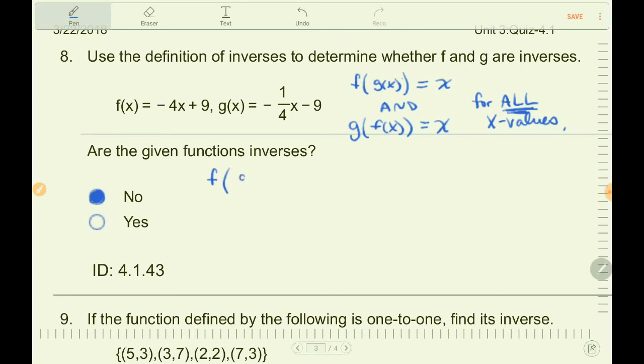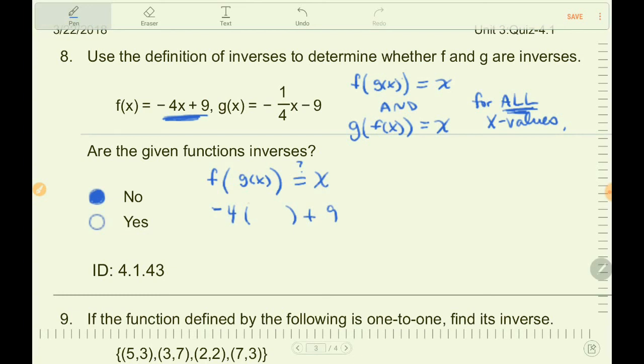Is f of g of x equal to x? Let's see. Negative 4x plus 9. Then plug in, that's the f function with a space left where the x normally is.